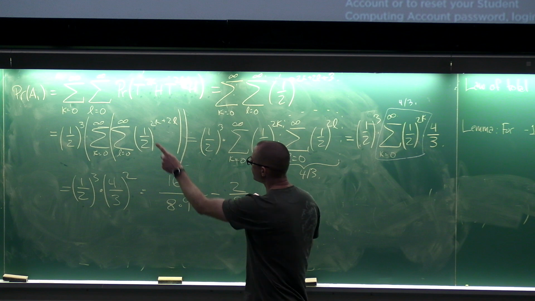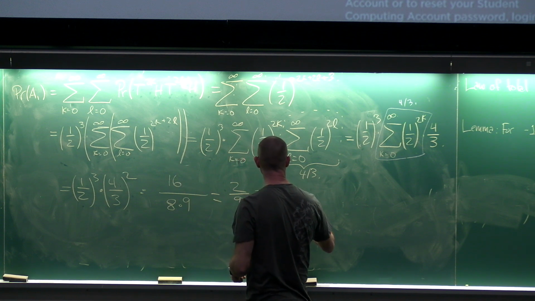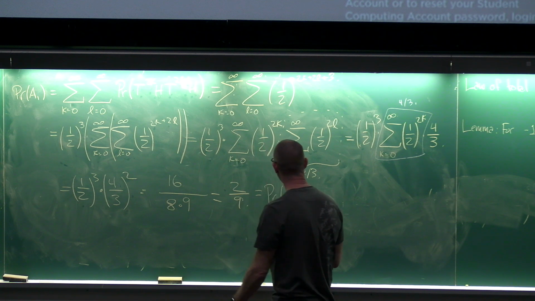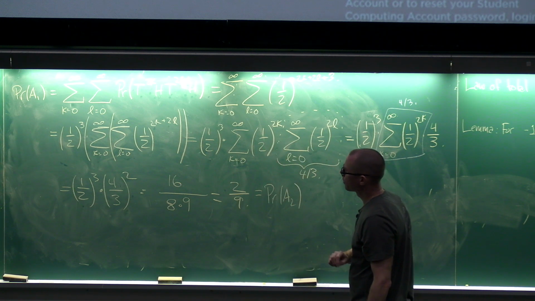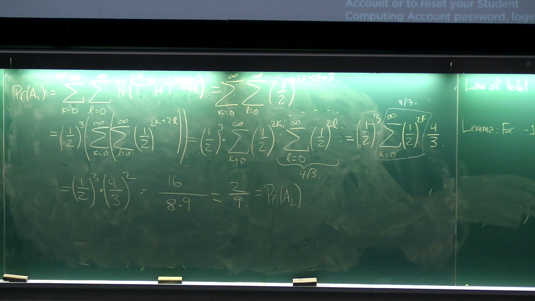So this 2/9, not only is it equal to the probability of A1, it's also equal to the probability of A2, which means that the probability of A is 2/9 plus 2/9, which is 4/9.